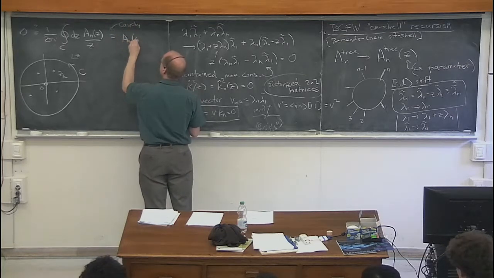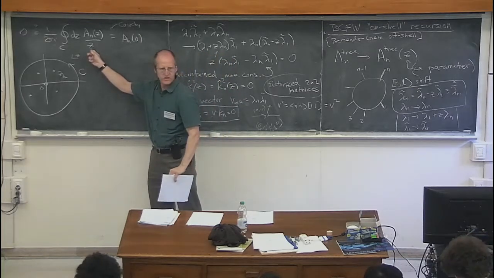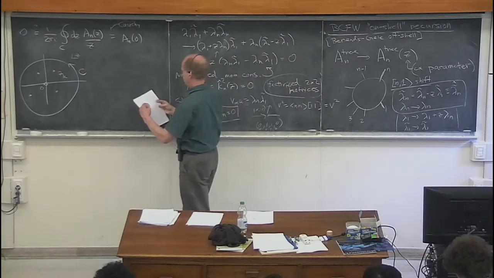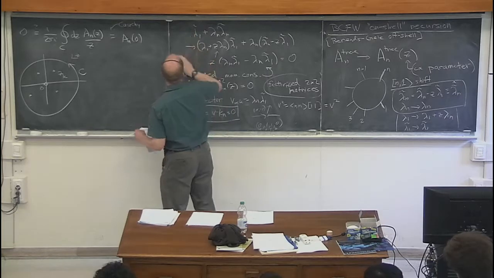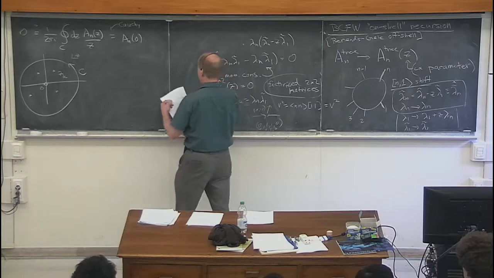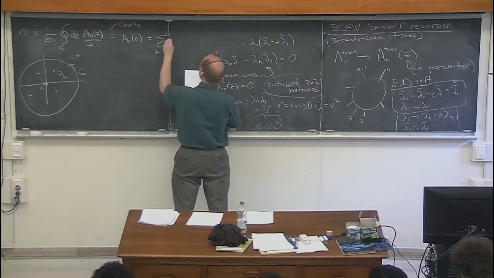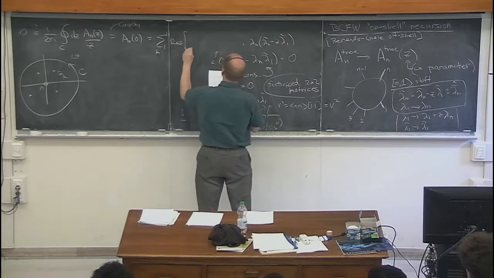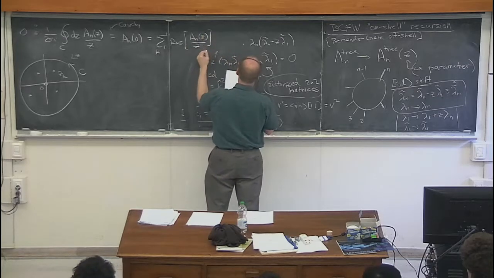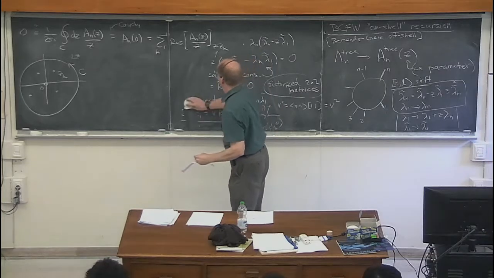There's one residue at the origin coming from this z, and that's good because when we set z to 0 again, that gives us our original amplitude. Then we'll get contributions from residues at finite values of z. Let's label those by k, and we'll need to compute the residue of A_n(z) over z at z equals z_k.